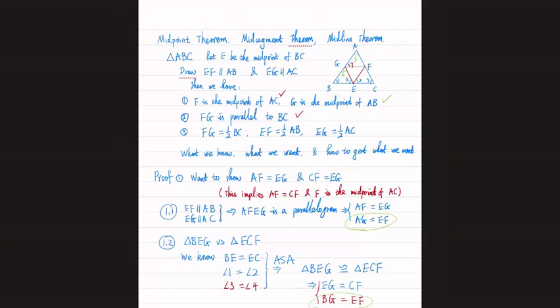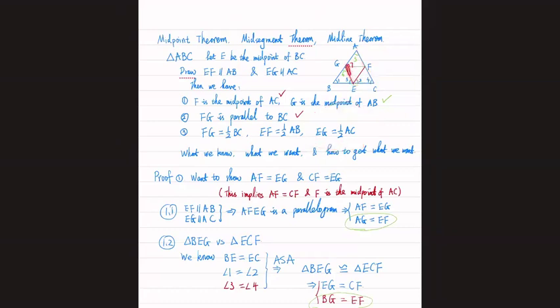Okay, let's start with the easier one. EF is half of AB, and EG is half of AC. Okay, maybe start with this one: why is EG half of AC?